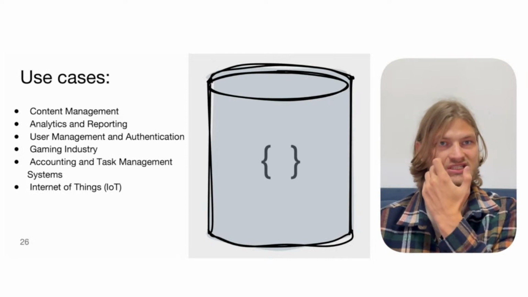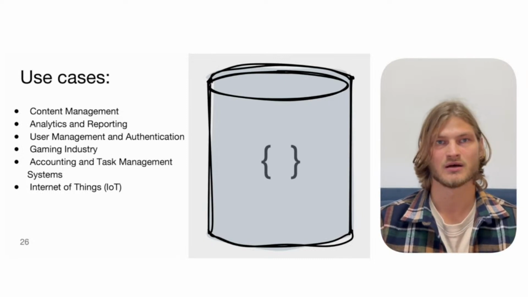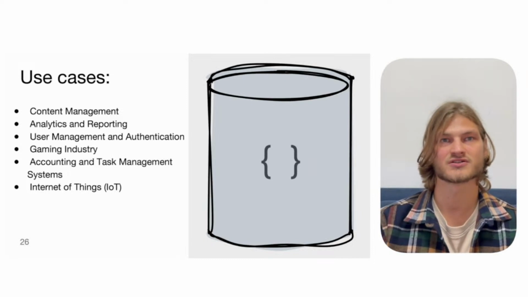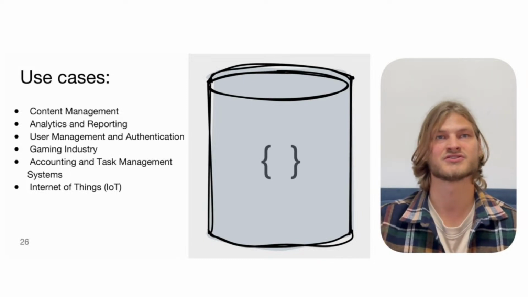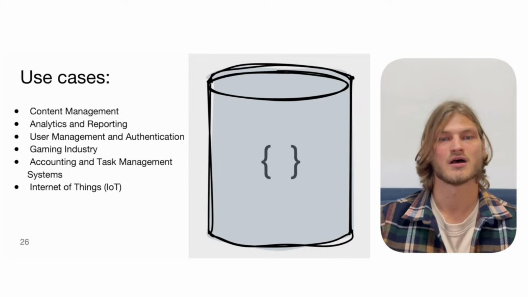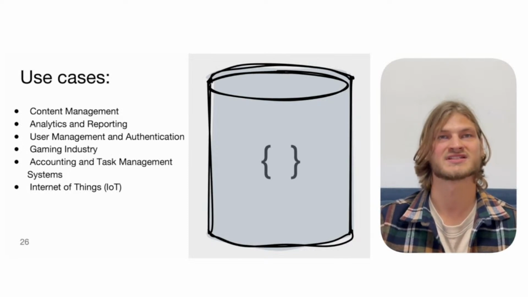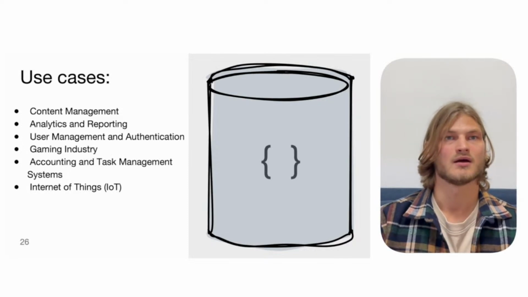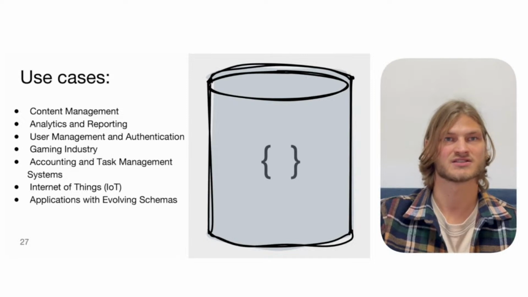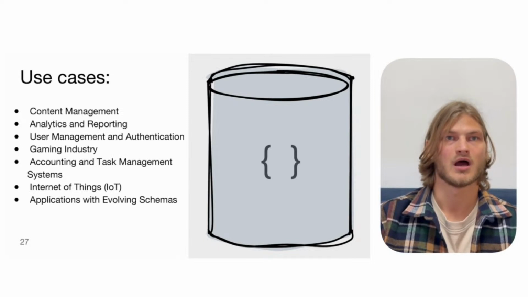Also, it's used in the Internet of Things, so you can store data from sensors and Internet of Things devices, as they can produce various types of data, and so on.